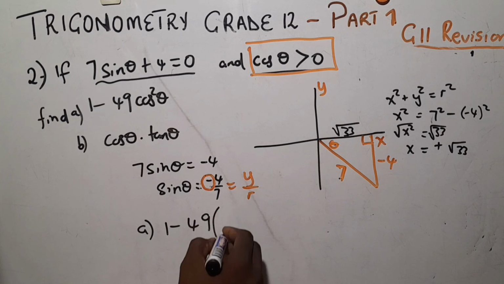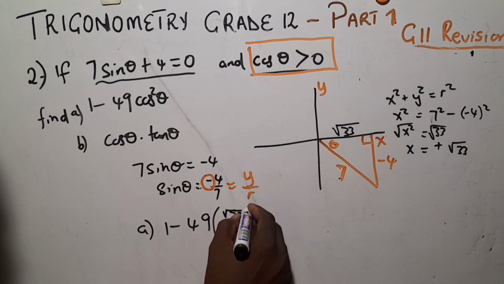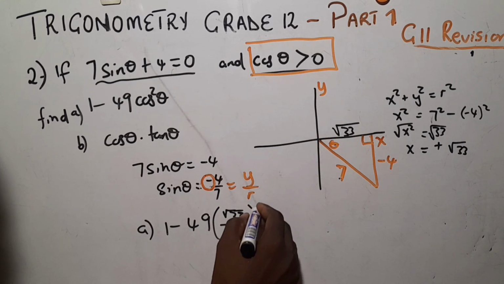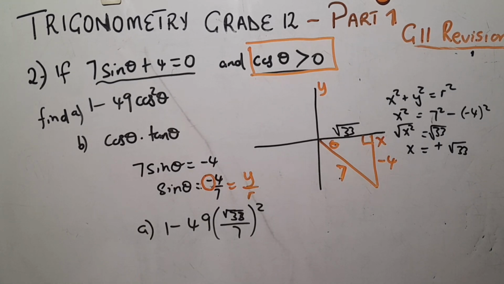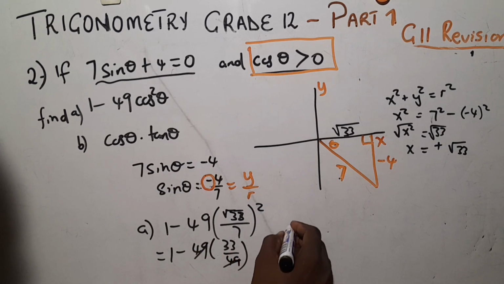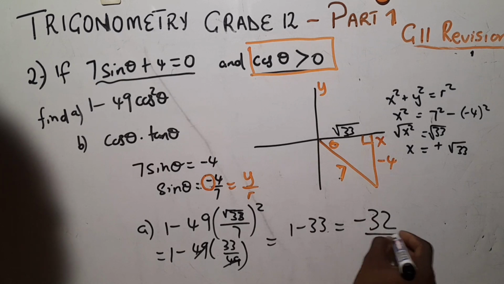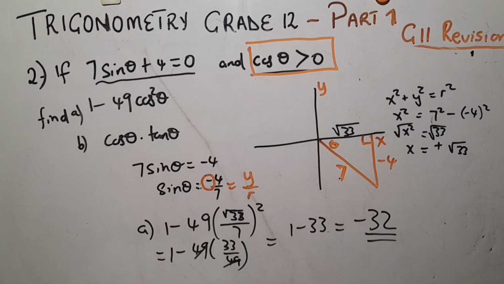So this will be root of 33 all over 7, but all of this is being squared. Now we can solve. So this will be 1 minus 49 times 33 over 49. So our answer becomes 1 minus 33, which is -32. And you can move to the last one.